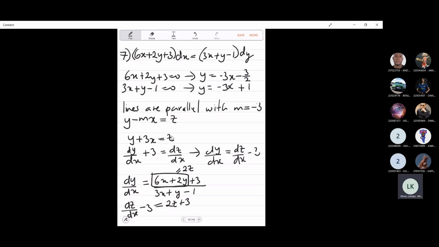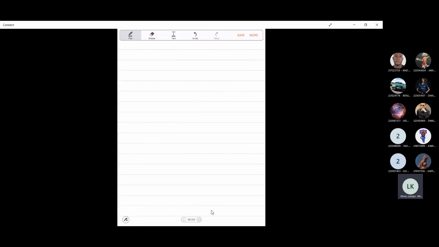Is that right? Yeah, just 2z plus 3. And then here 3x plus y, that is just z. So this is over z minus 1. Okay, then this 3 should go to the other side. So I have dz dx.